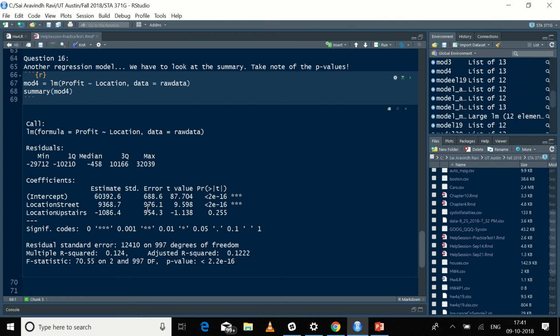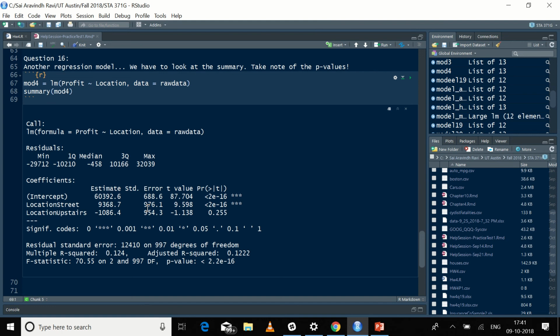Now, when I have my location upstairs, this goes to 1. All right. So it's 60,392 minus 1,086, which means that it is more profitable having a restaurant in the basement than upstairs, but it's not statistically significant in this case because the p-value is higher than 0.05.